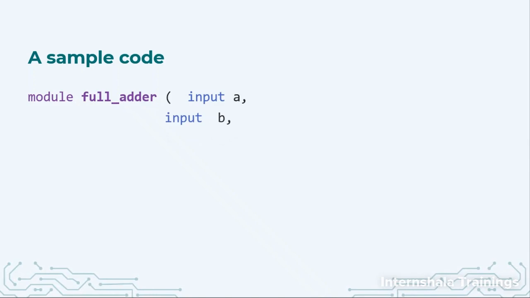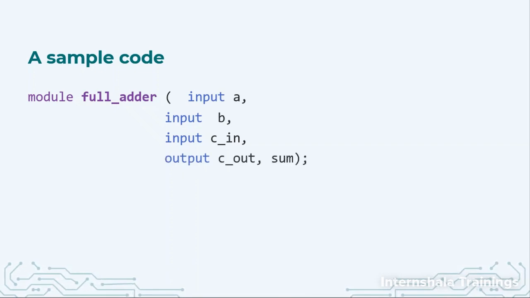Now let us look at one sample Verilog code. I have my module. The name of the module is full adder. Then I have input variables. There are 3: A, B and C_in. There are 2 output variables, cout and sum. All of these are inside the brackets, and then we end with a semicolon.